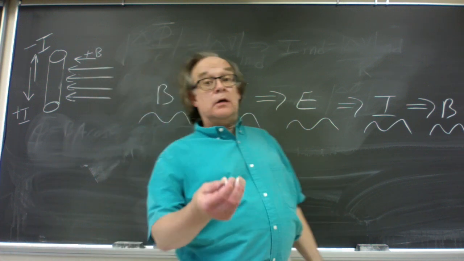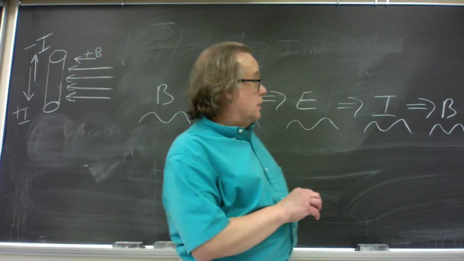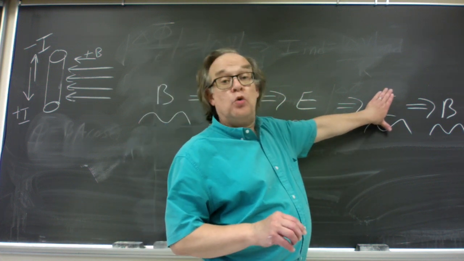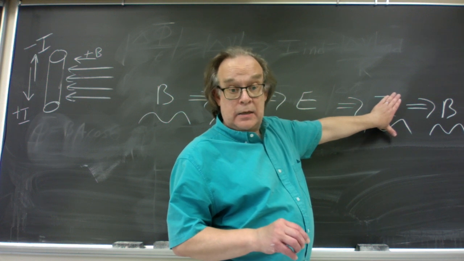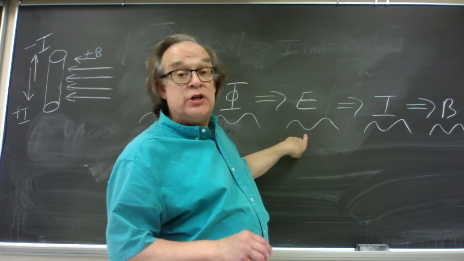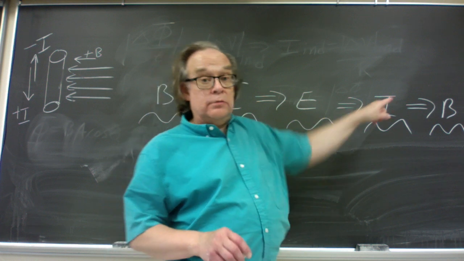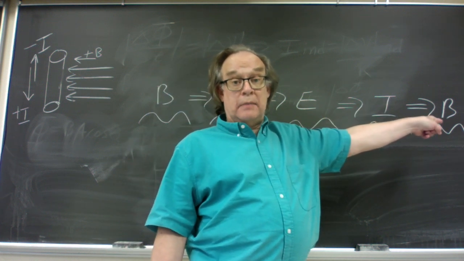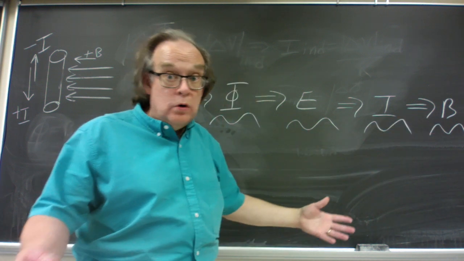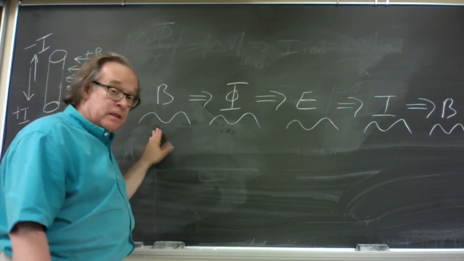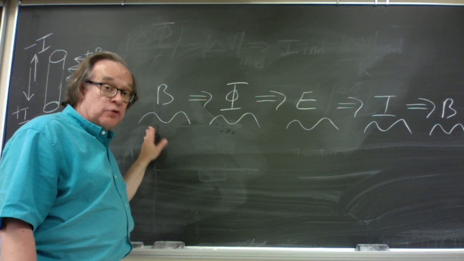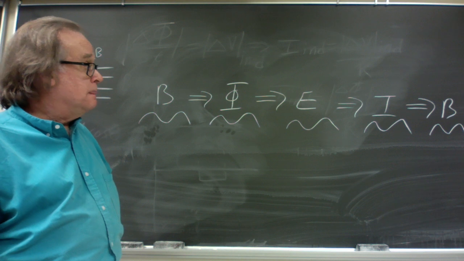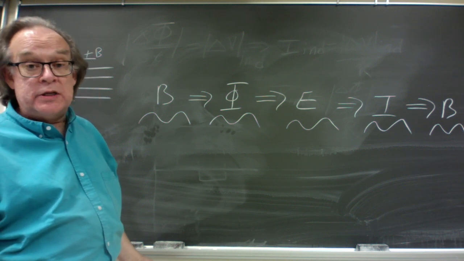And the kind of amazing, surprising thing is that even if there's no loop to have current inside, the oscillating field still produces a new oscillating magnetic field, in addition to, and different from, the original oscillating field that started the whole process. And at that point, we're right back to where we started.